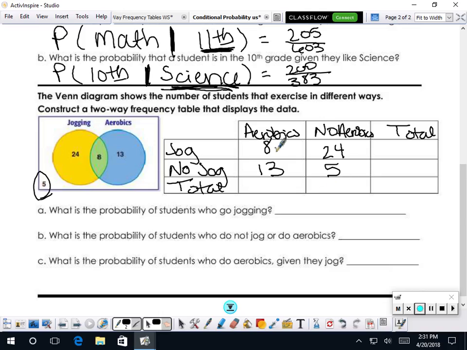Okay, so we're going to total it up. 8 plus 13 gives me 21. 24 plus 5 gives me 29. 8 plus 24 is 32. 13 plus 5 is 18. The total in the whole table will be 50.